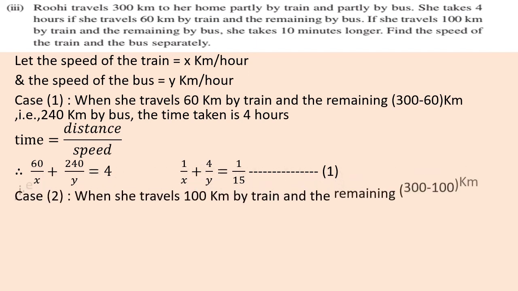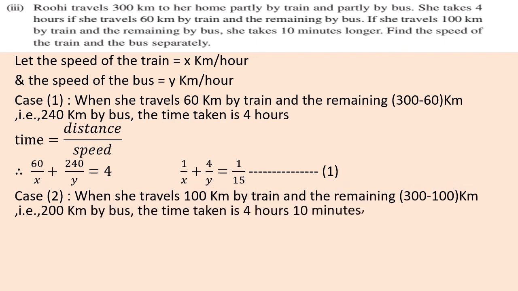Now in case 2, when she travels 100 km by train and the remaining distance, that is 300 minus 100, that is 200 km by bus, the time taken is 4 hours 10 minutes. That is 100 upon x, that means the distance covered is 100 and the speed is x, plus 200 upon y equal to 4 hours 10 minutes.